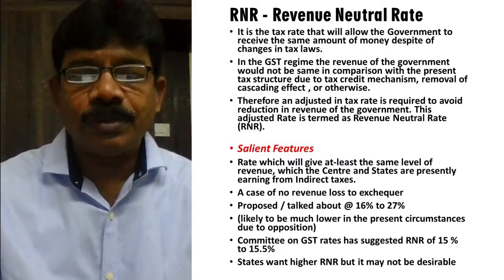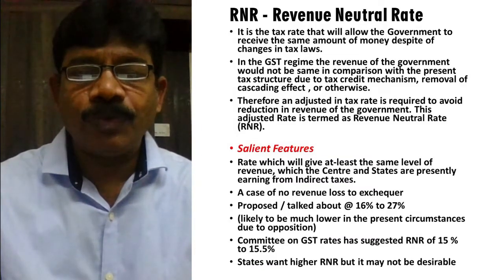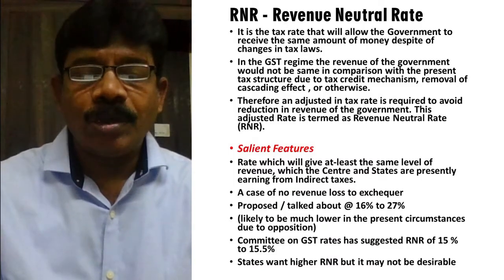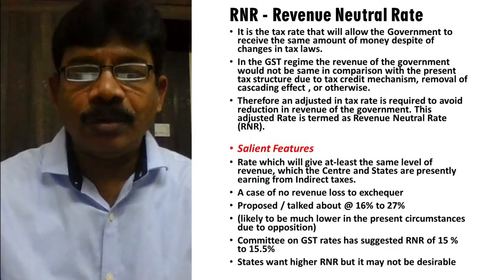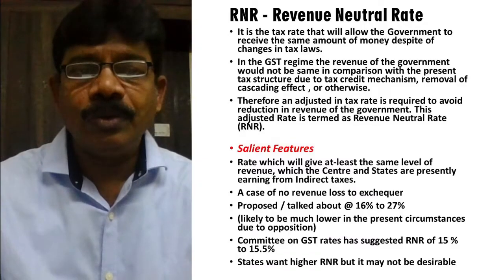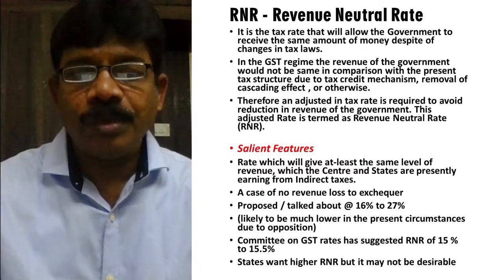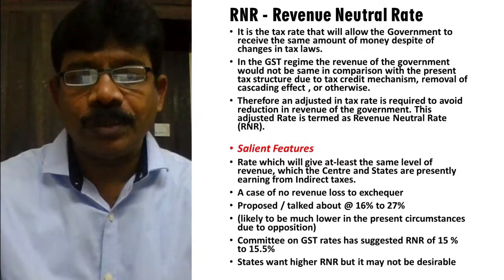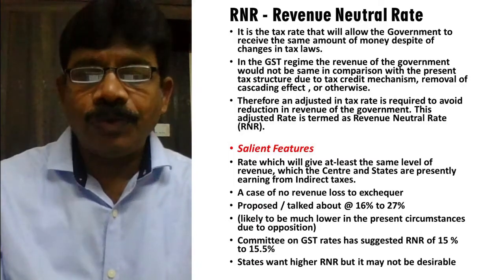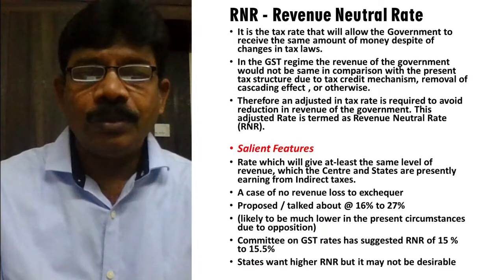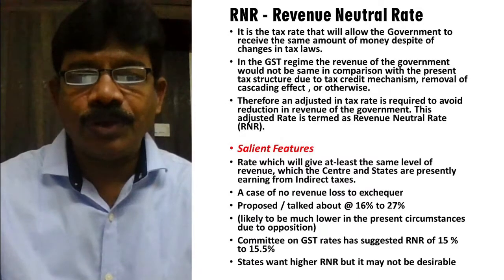That rate is called RNR, revenue neutral rate. The salient features of RNR: the center and states are presently earning from indirect taxes, but with this RNR, the center and state should earn the same income or more than that income, and there should be no revenue loss to the exchequer. The government should not lose revenue with this RNR.